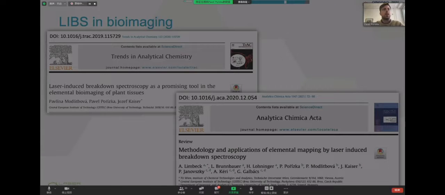For LIBS bioimaging, there are so many publications, also from other groups, not just ours.